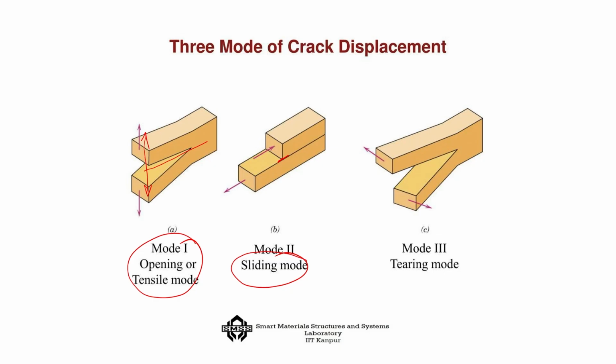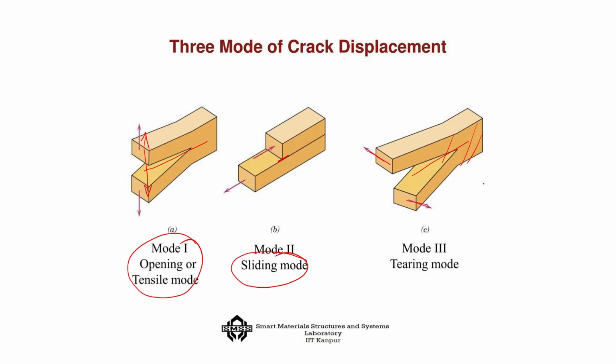Mode 3 is a tearing failure. In this case, the crack is here and the forces are in a plane. So, if this is the crack containing plane, the forces are in a plane which is perpendicular to the crack containing plane, and out of plane, and then through that the tearing is happening. So, that is K3.